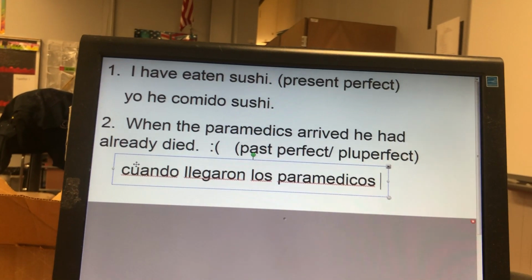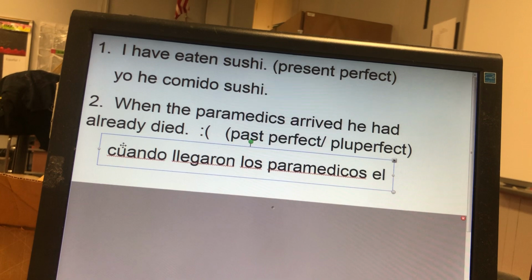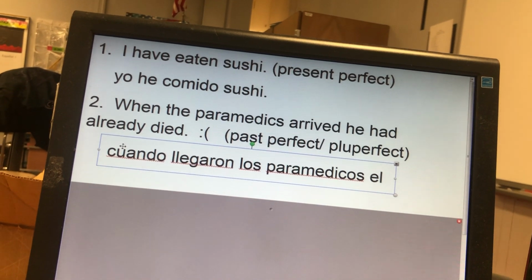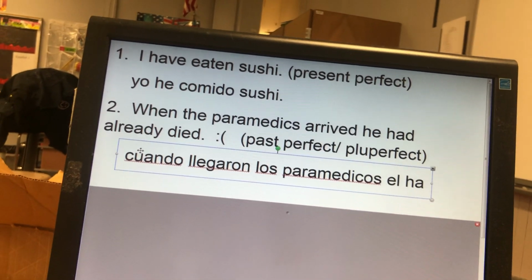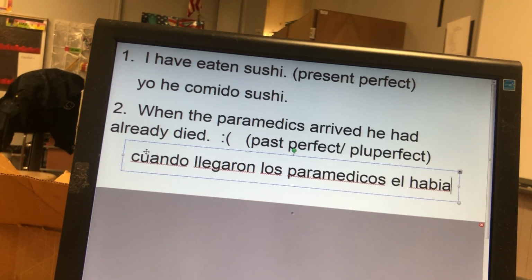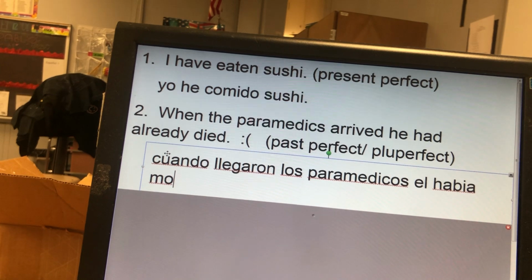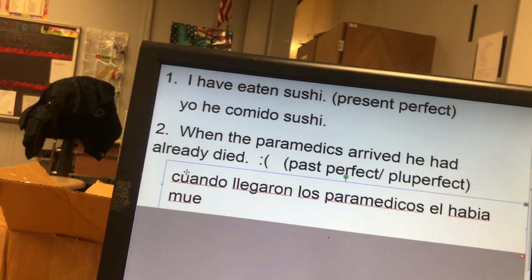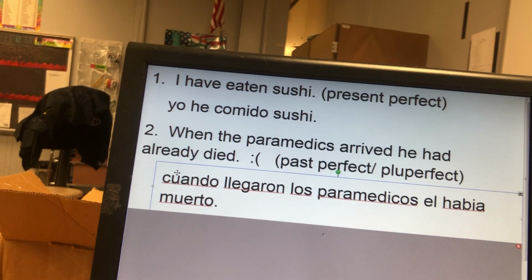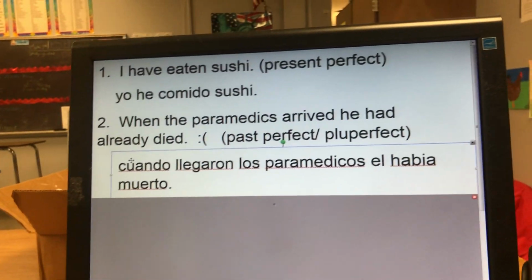I'm filming and typing, so I'm not going to put an accent, but you know there's an accent over the e. El había. This is the imperfect tense. It also has an accent over the i. And then morir is irregular. It's not morido, it's muerto. Okay, so not morido, muerto.